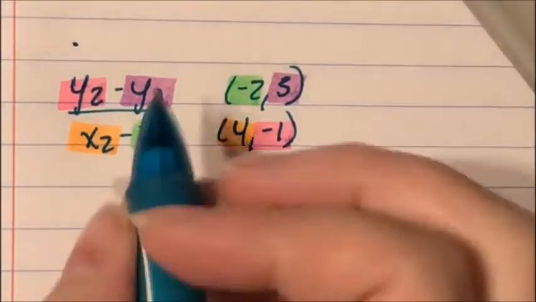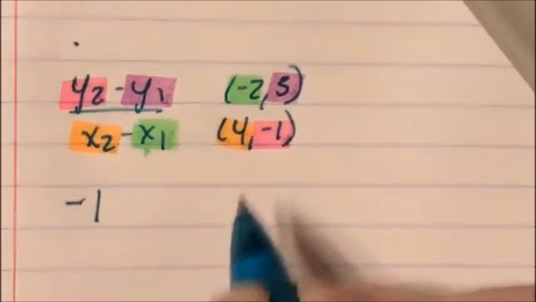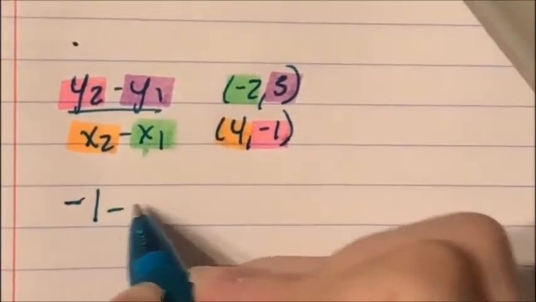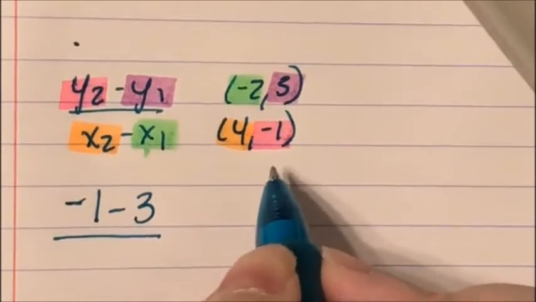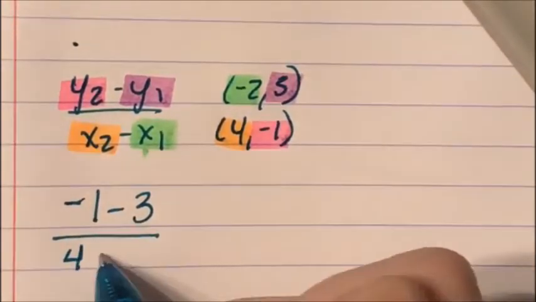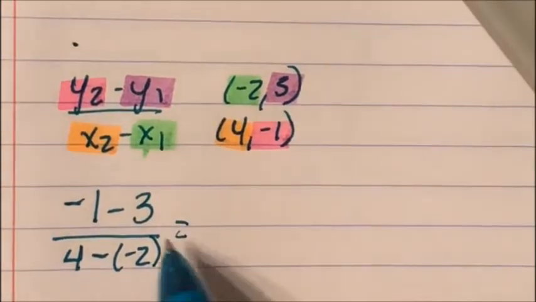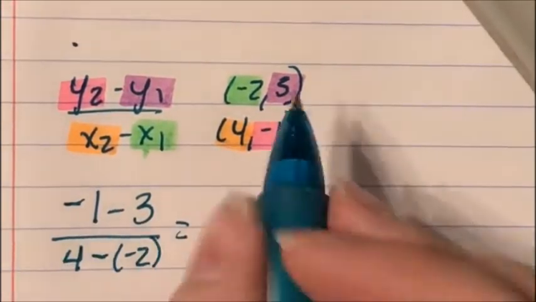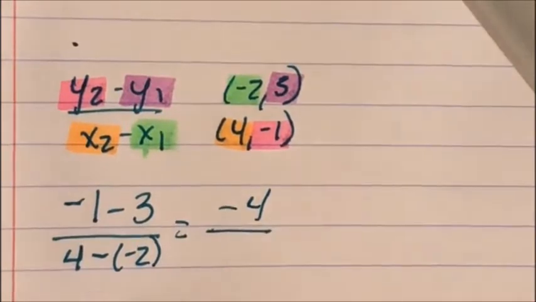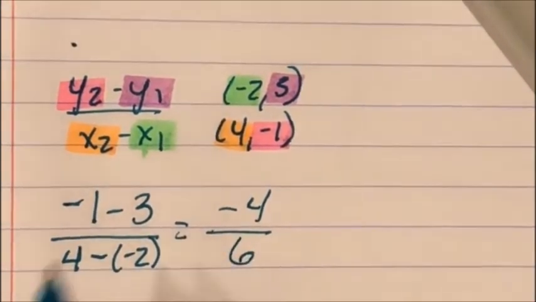Okay, so I'm going to take -1 minus 3 over 4 minus a -2. Okay, and I'm going to simplify this. -1 minus 3 gives me a -4. 4 minus a -2 gives me 6.